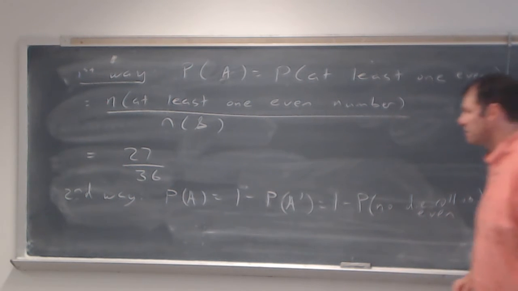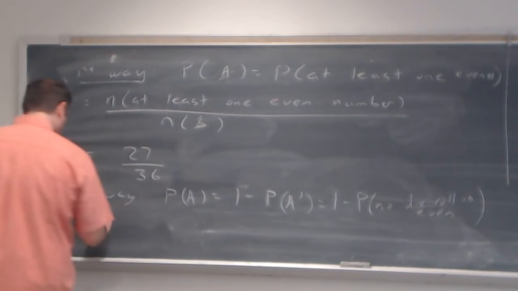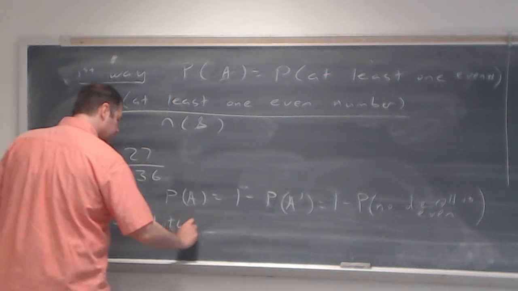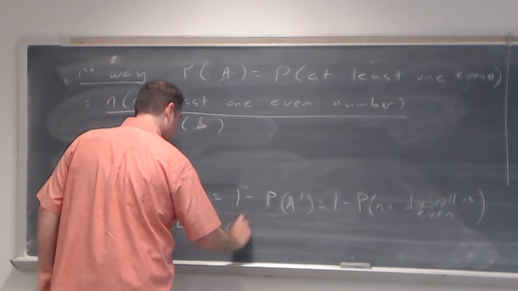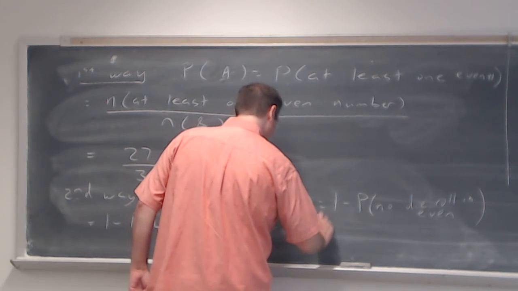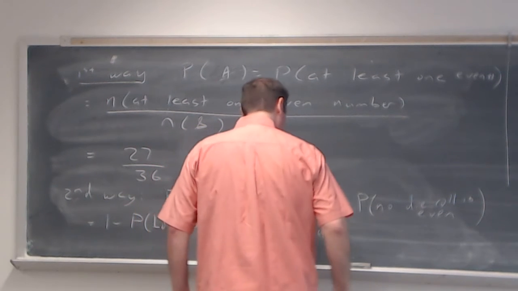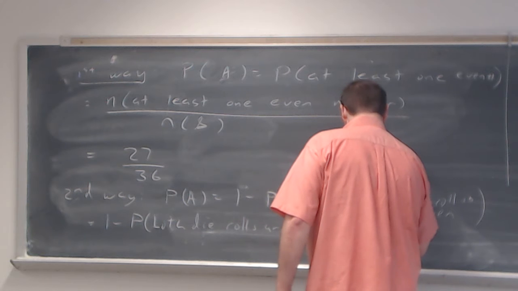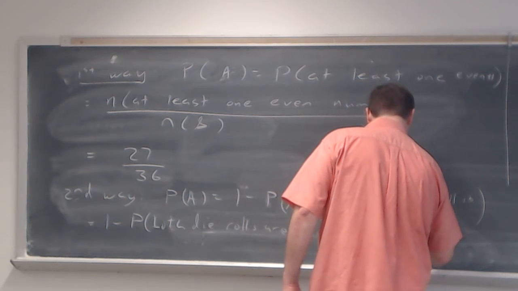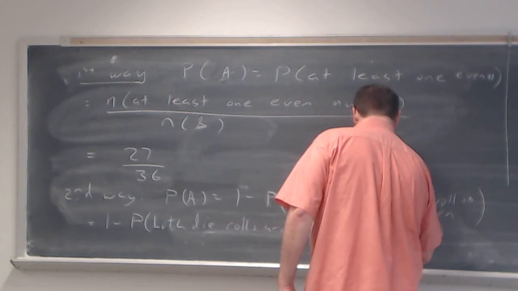No die roll is even. And so that is equal to 1 minus the probability both die rolls are odd. So that's the number of ways both are odd over the number in the sample space.